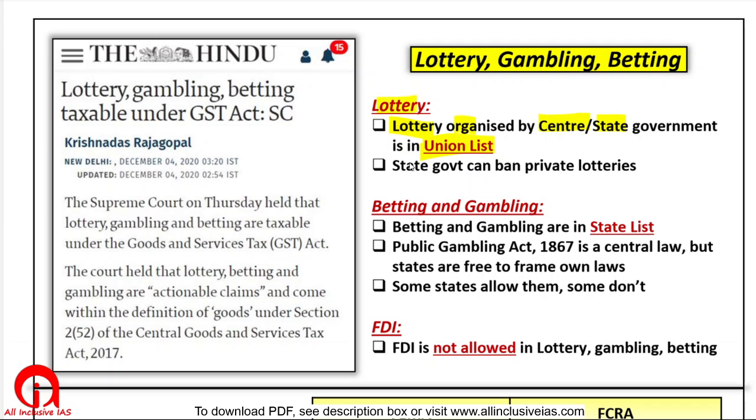So in that case, the state government has the power to ban it. So in Karnataka, suppose there is some private lottery by some private company, है ना? So you cannot say कि sir, lottery word is given in the union list, so how can Karnataka government ban the lottery? No. That is by the private company, na? So that state government can ban. If the central government or state government is organizing that lottery, then that is in the union list.